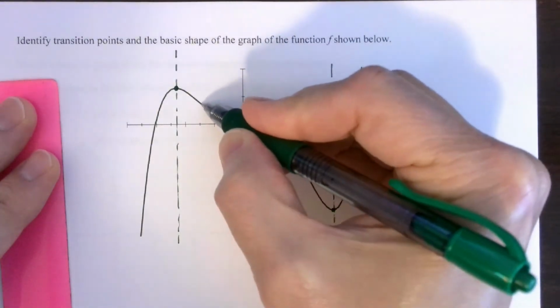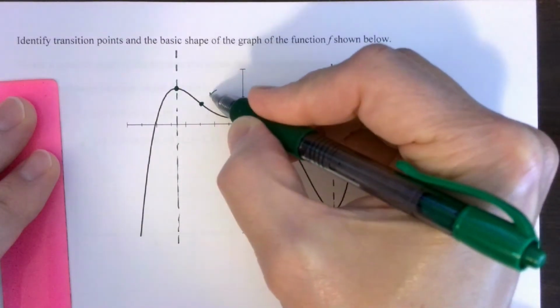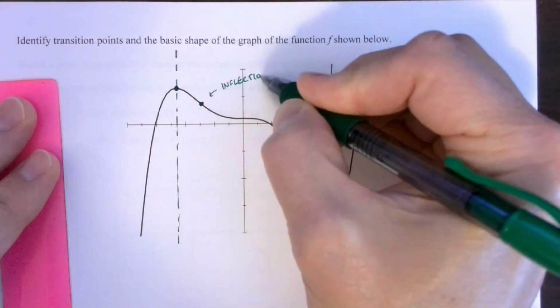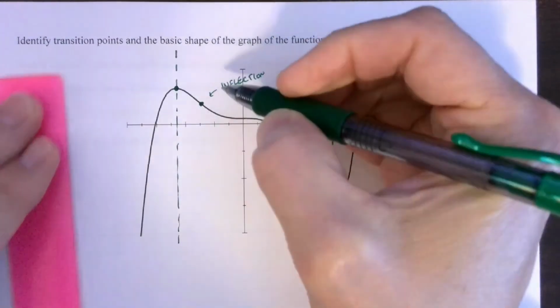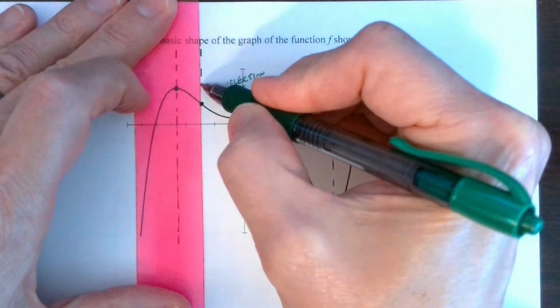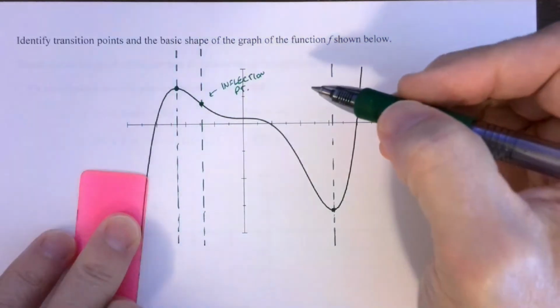So somewhere in here we have an inflection point, right? Or a point of inflection. And that's also a transition point. And where else?